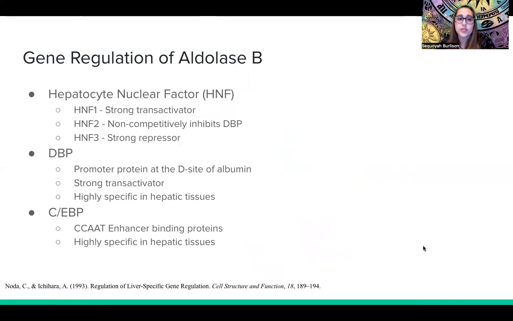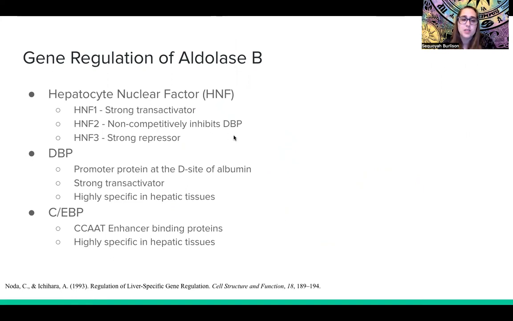Now, for the gene regulation of aldolase B, there are 3 major regulators involved. The first is HNF, hepatocyte nuclear factor. There's technically 4 of them, actually, but importantly, 1 would be a strong activator, while 3 would be a strong repressor. And then 2 actually non-competitively inhibits DBP.